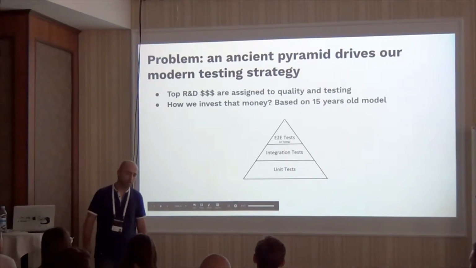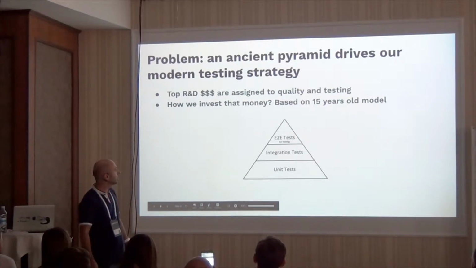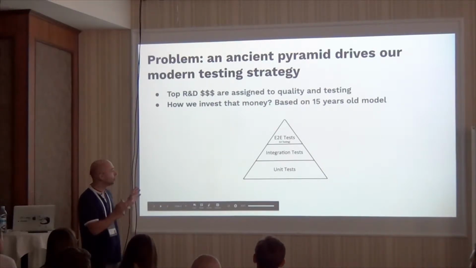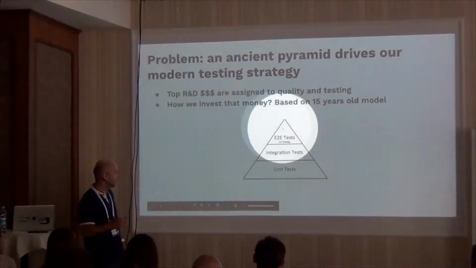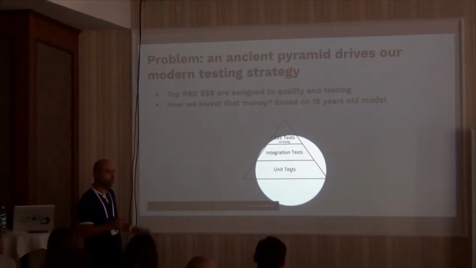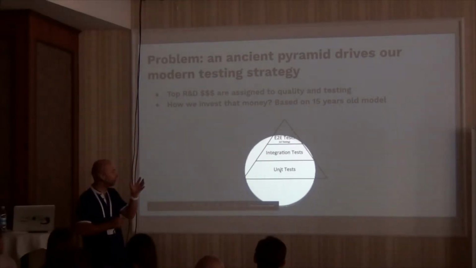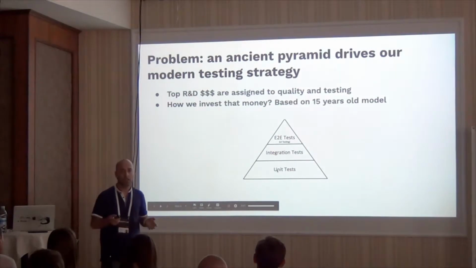Cool. For those of you who don't, it's a very simple model that dictates that most of your testing should be dedicated to unit testing, a type of testing that is focused on software objects, like a class, an object, and you usually test one function in isolation, means in memory.